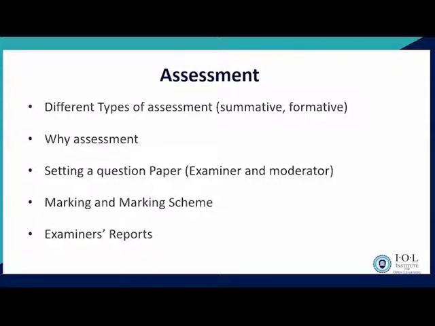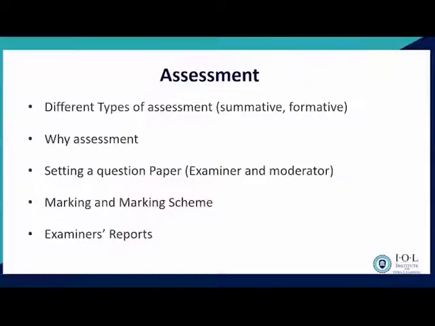Okay, why assessment? So assessment is very important, as I've said, to be able to tell if the goals and objectives of the lesson have been attained. Do the learners understand what you are trying to convey to them?